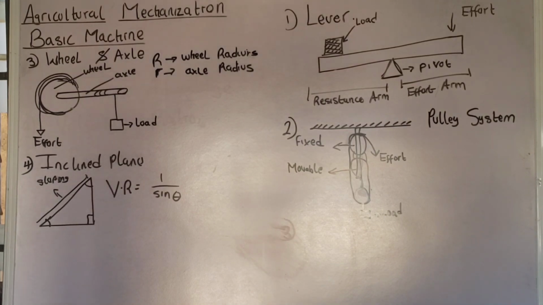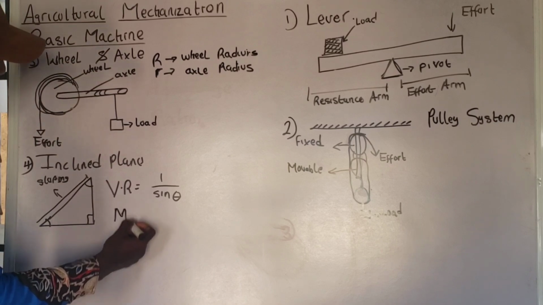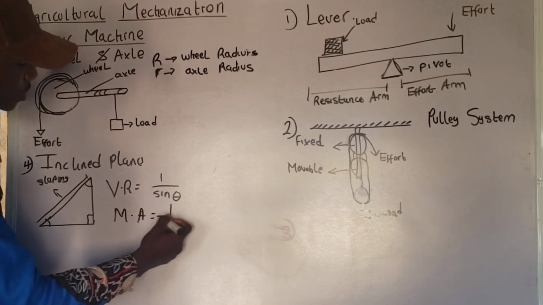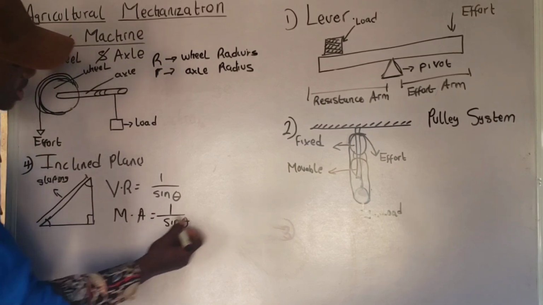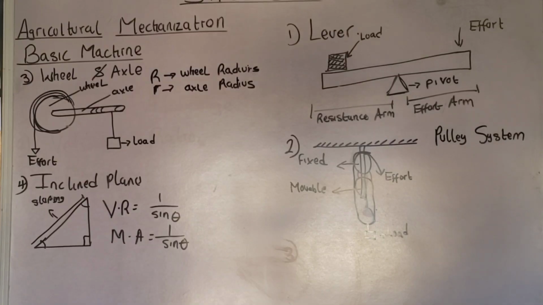If friction is neglected, that is, this surface is frictionless, the mechanical advantage is the same as the velocity ratio. Hence, the mechanical advantage of an inclined plane is also 1 over sine theta. As we delve more into this course, I'm going to explain what other things you need to know about the inclined plane.